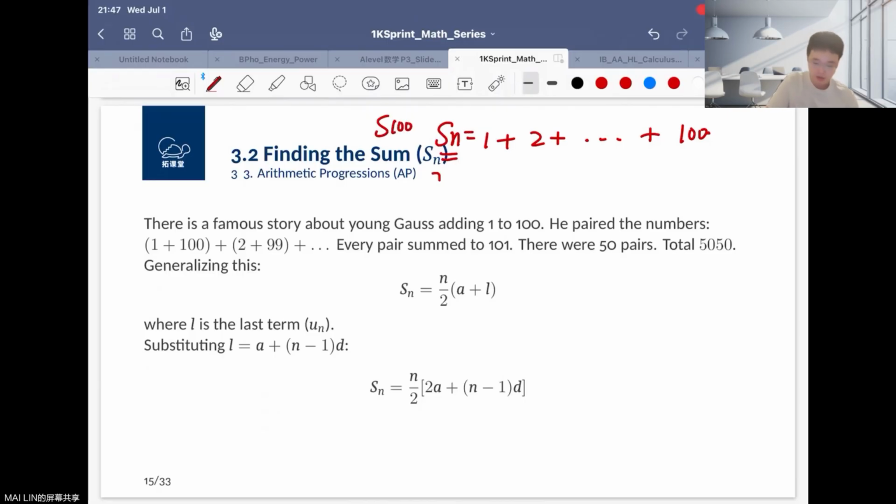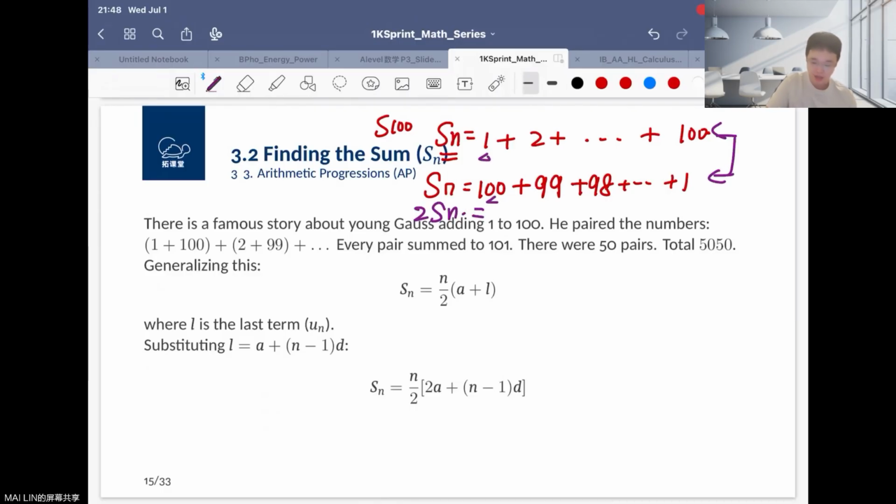So he rewrote it again like Sn equals, first putting 100 in the first place, the second is 99, third is 98, and finally plus 1. So if you add the two sequences together, that is 2 times the sum, right?